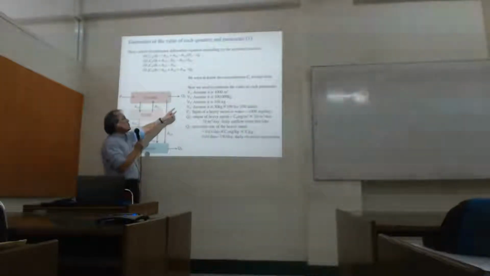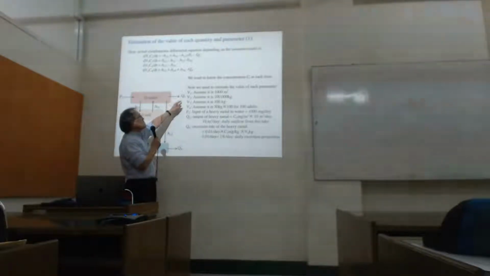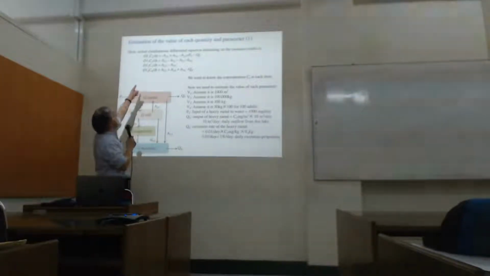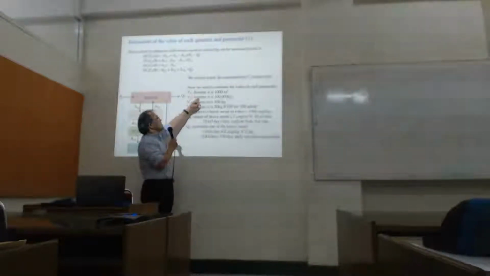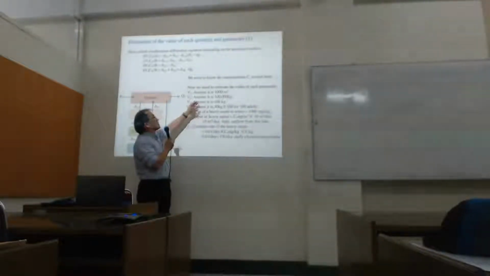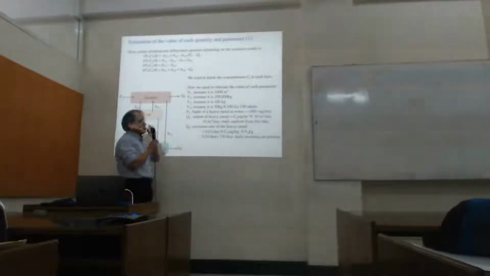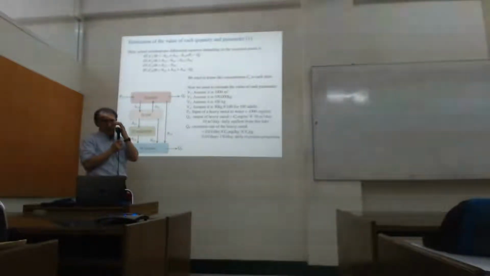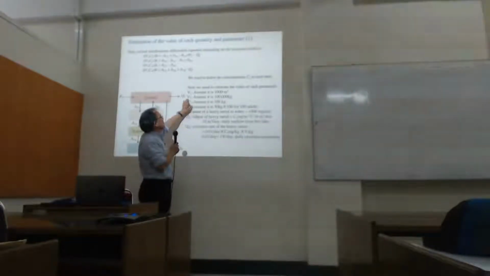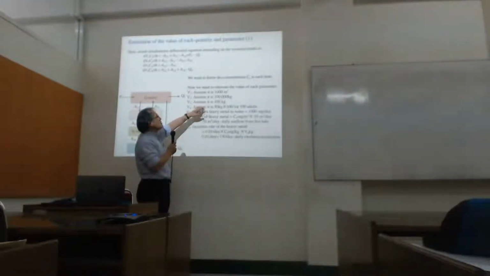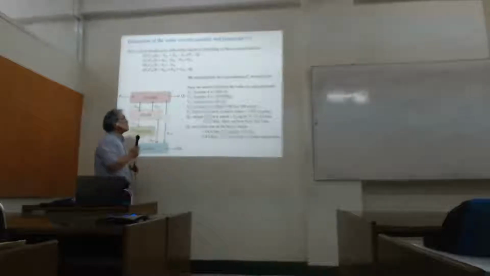For example, now assume we need the volume of each compartment. Let's assume volume is 1,000 cubic meters. So total amount of volume of water in lake is about 1,000, and assume it is 100,000 kilograms.